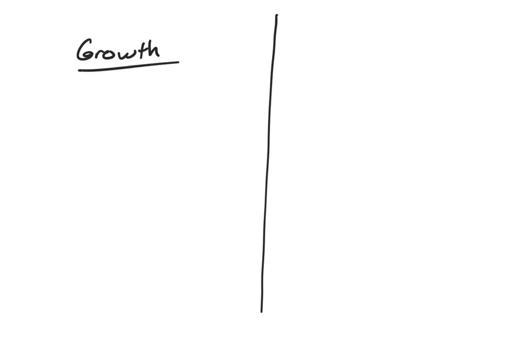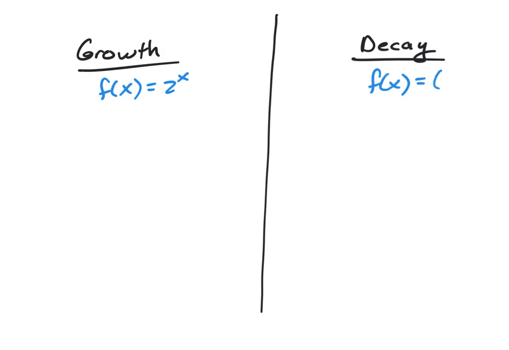I'm going to do these side by side and graph the two that we just did, a growth function and a decay function. I'll use f of x equals 2 to the x and f of x equals 1/2 to the x.